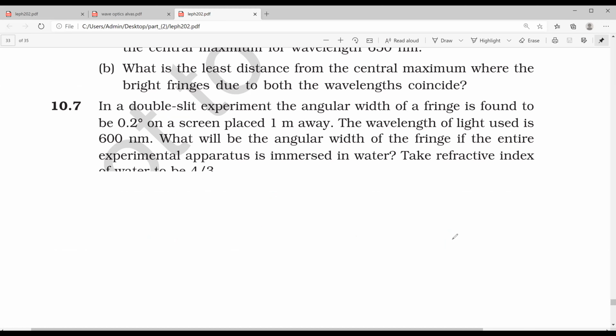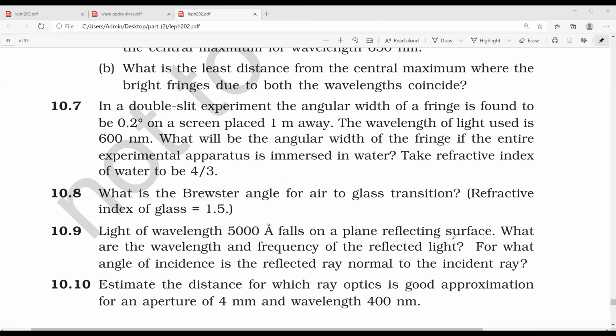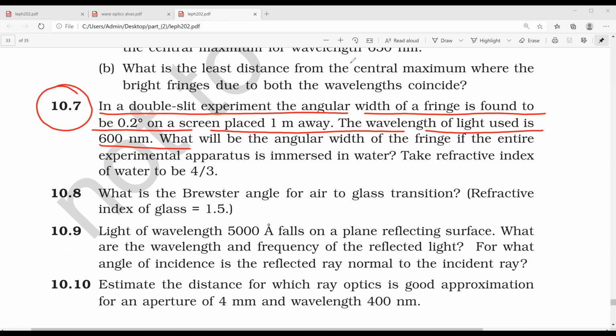Next we shall move to 10.7. What do they ask in 10.7? In the double slit experiment, the angular width of the fringe is found to be 0.2 degree on the screen placed 1 meter away. Wavelength of light used is 600 nanometer. What will be the angular width of the fringe if the entire experimental apparatus is immersed in water?